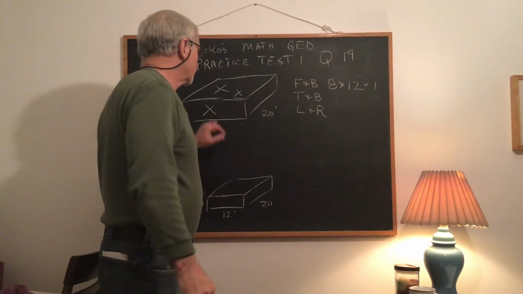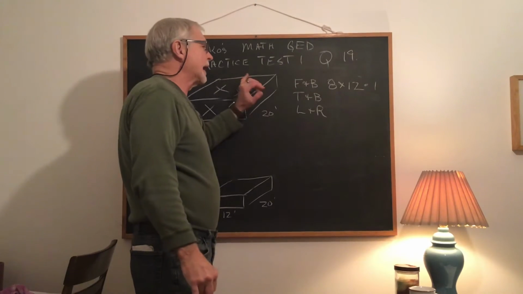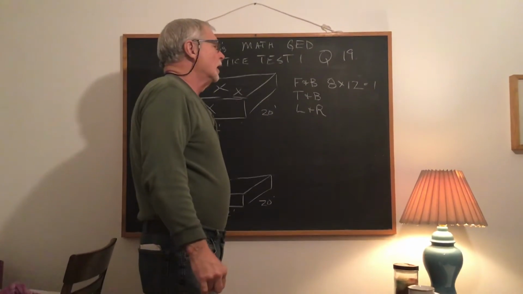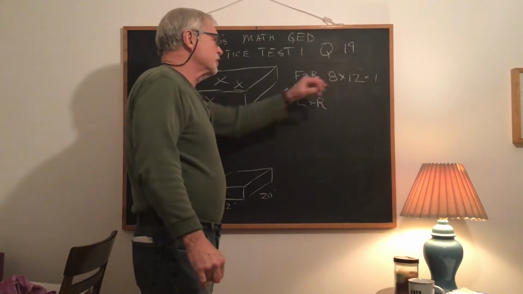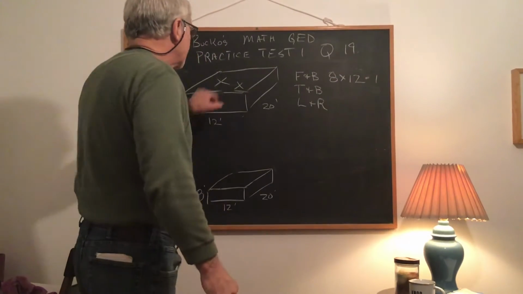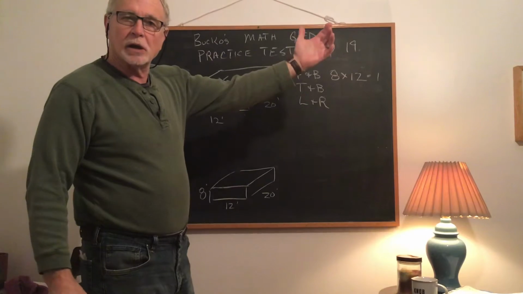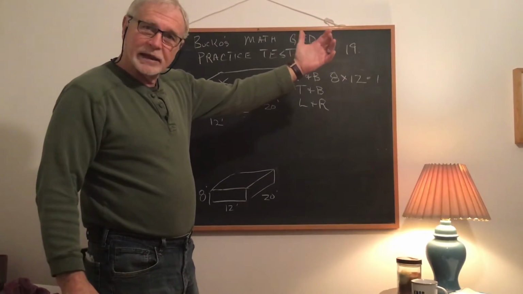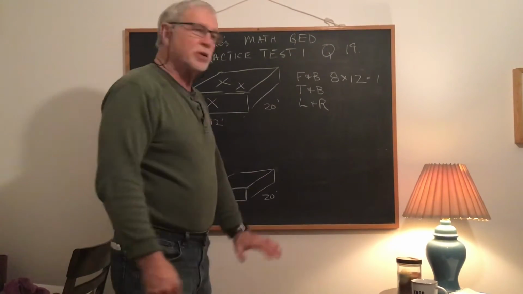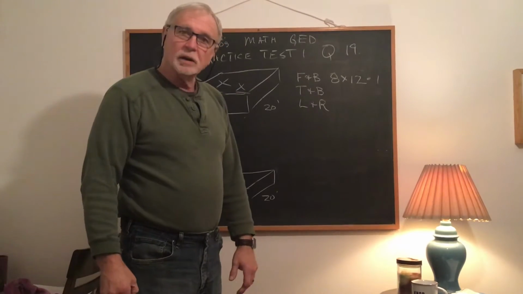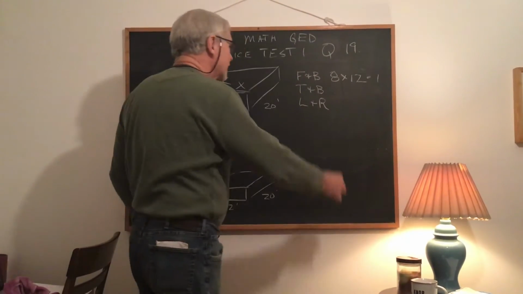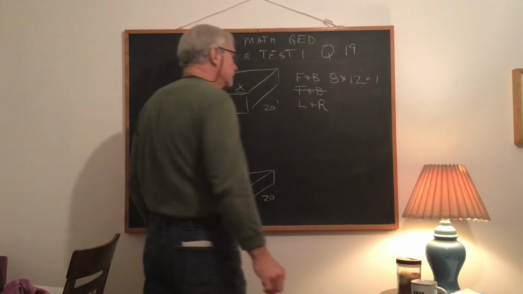But since we're only doing one face, the back, that's going to get painted, because this side is going to get a door, we're just going to put in one. Top and the bottom don't apply, because the top would be a roof, right? And that's not going to get painted. And the bottom would be the floor, so that's not going to get painted. So this guy is out of the picture completely.